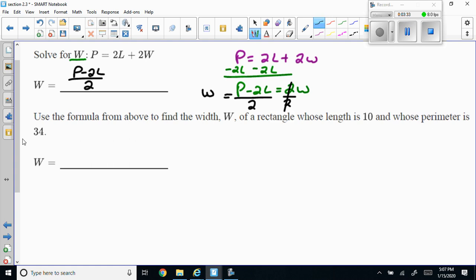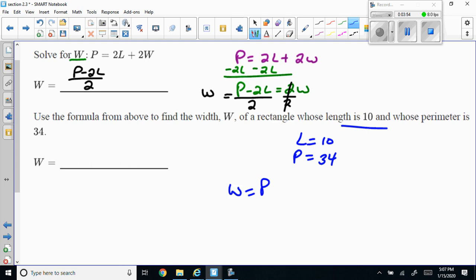All right. So down in the bottom, it says solve for the width, or find the width if you're given a length that's 10 and then a perimeter which is 34. Guys, we're just going to use this equation, right?